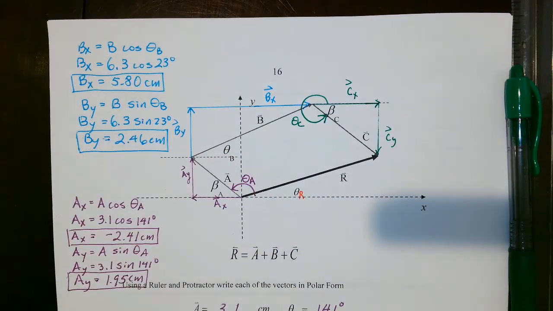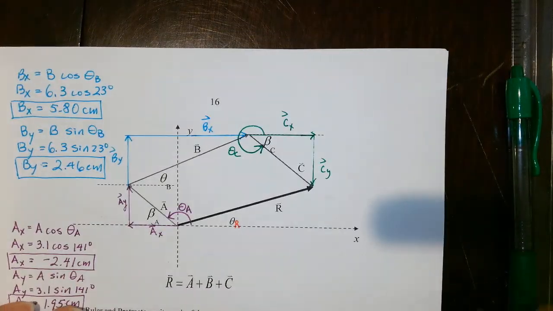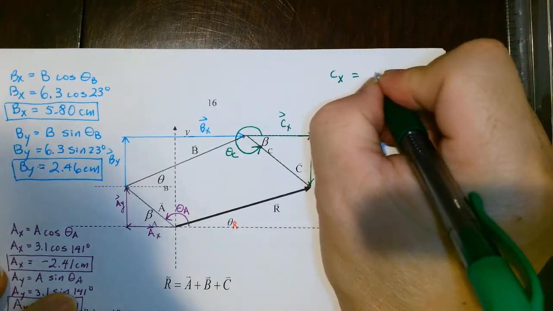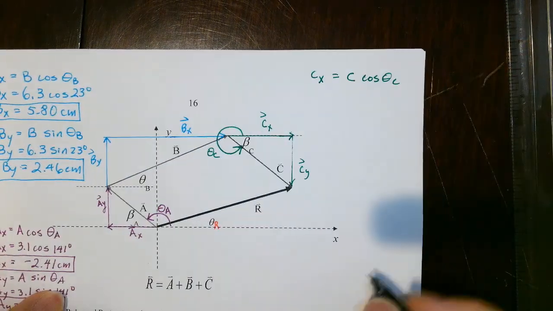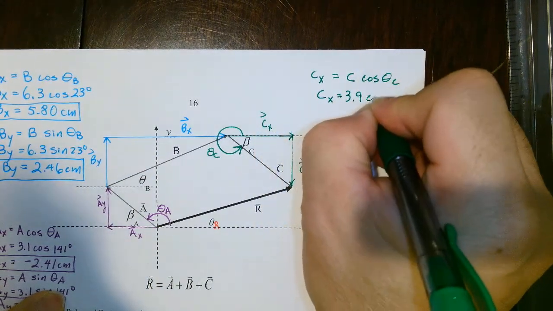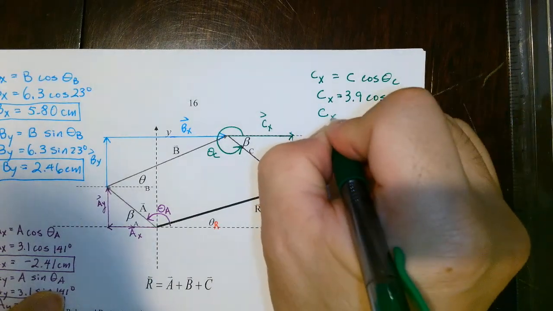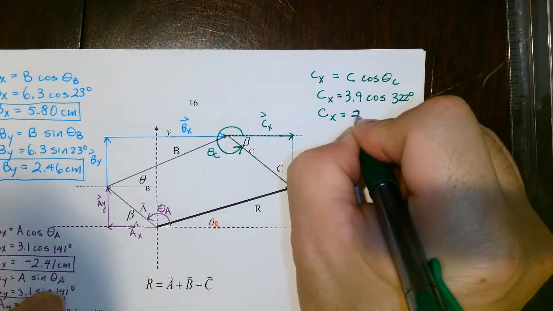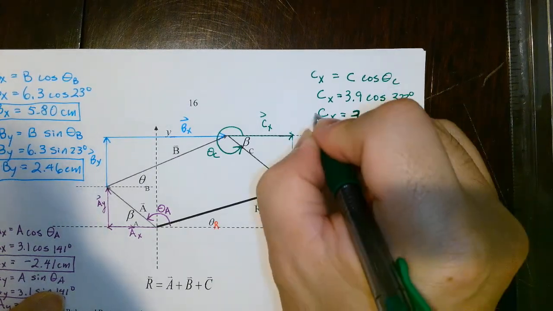All right. Now let's take a look at CX and CY. So CX is equal to C times cosine of theta C. So my CX is equal to 3.9 times cosine of 322 degrees. So CX is equal to, I get, 3.07 centimeters as my CX.